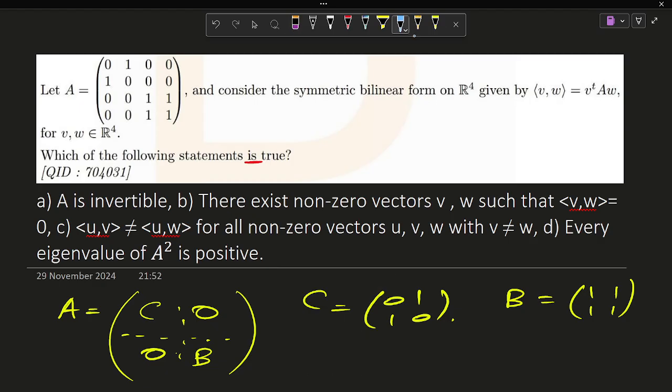I can see that the row sums are the same, so 1 is an eigenvalue of C, and the trace of C is equal to 0. As we know, the trace is the sum of the eigenvalues. So one eigenvalue is 1, and let lambda be another eigenvalue of C.